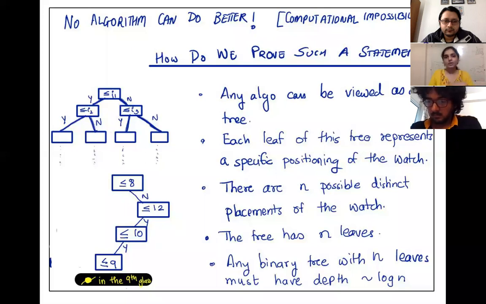Okay, so this was the first puzzle I wanted to discuss. And through this puzzle, what I basically showed you is one impossibility proof. This is also called the counting technique, where you count a certain set of objects, in this case the n placements of the watch.